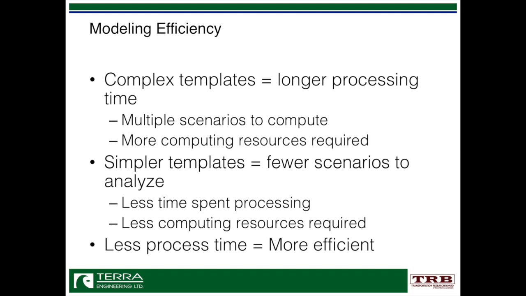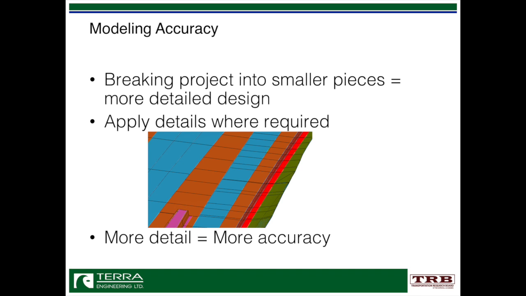Let's talk about accuracy. So accuracy is just as important as efficiency. Because everything's broken down into the smaller pieces, you put more detail where you need it. This particular diagram on screen shows, far on the left, the lane. The middle part is the gore, then there's a ramp, then there's another shoulder, then there's a curb, then an aggregate shoulder, then an end condition.